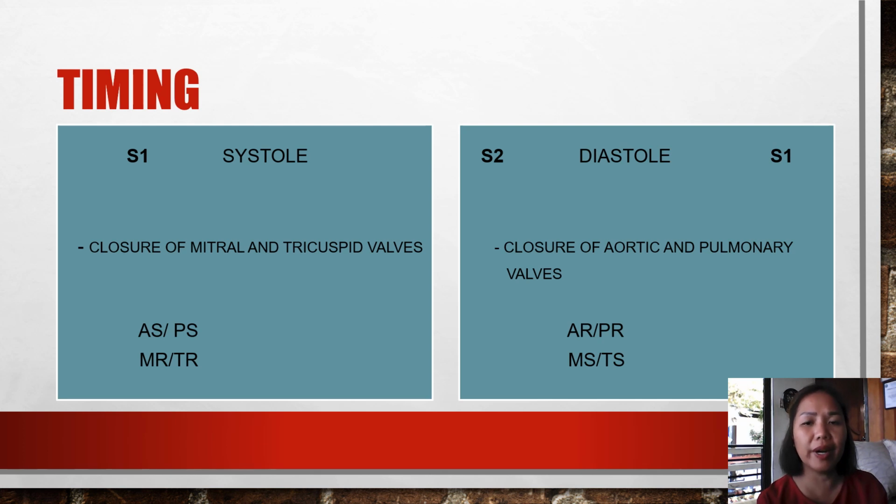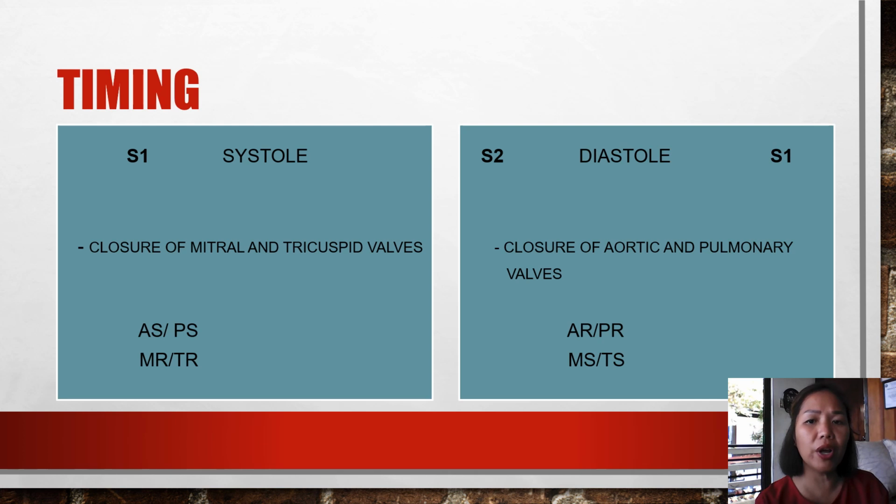Murmur is further characterized by its timing, whether it is systole or diastole. Systole would mean closure of the atrioventricular valves, whereas diastole is the closure of semilunar valves.